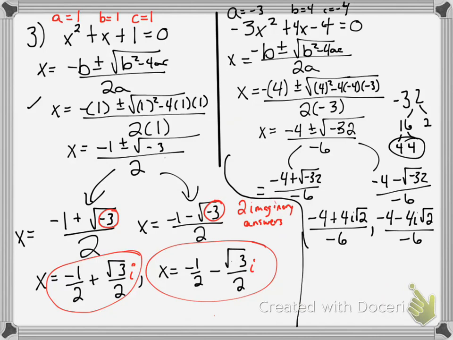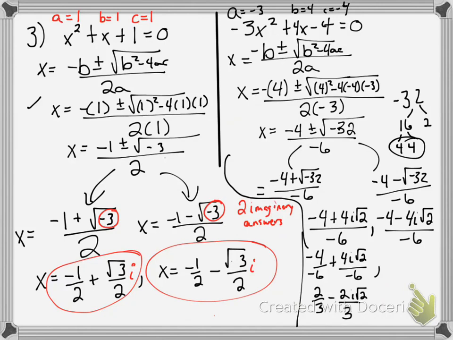I'm going to separate it just like we did on the last problem, so negative 4 over negative 6 plus 4i square root of 2 over negative 6. So 4 over 6 would reduce to 2 over 3, a positive because I have a negative divided by a negative, plus 4 divided by negative 6 would make that a negative 2 over 3, and then I've still got that i square root of 2 at the top.